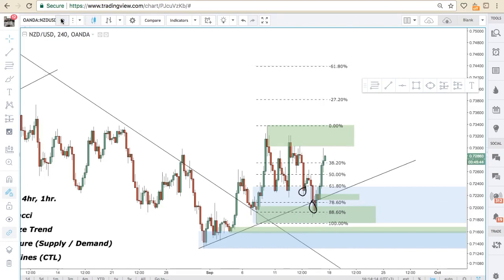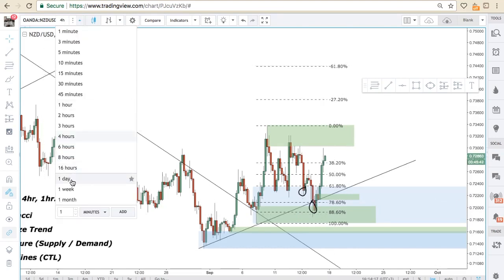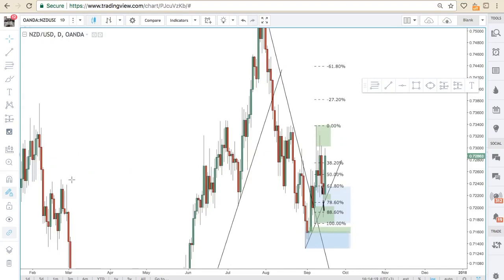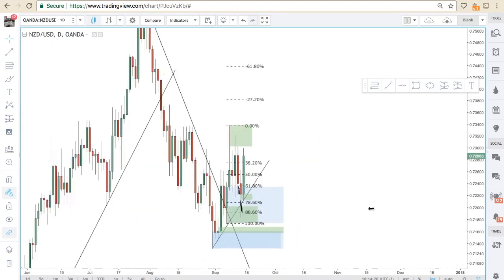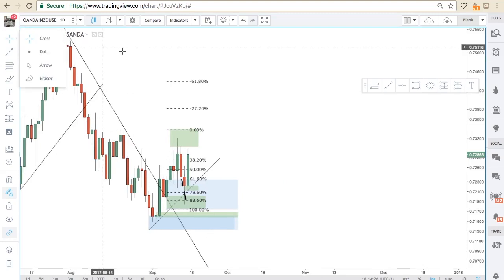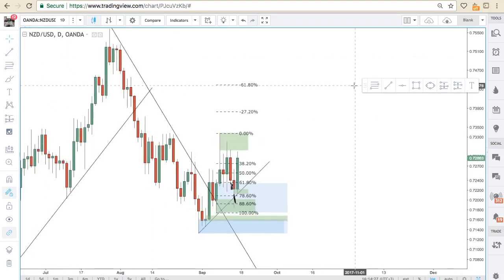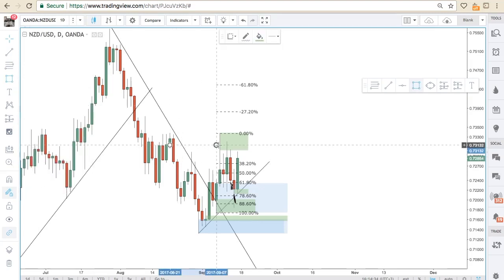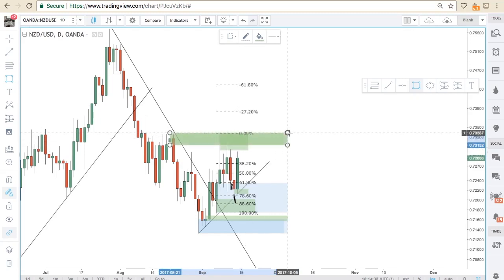So let's go back to our daily chart and see where the unbroken daily zone is. All right, so we have a daily zone here. Okay, daily zone there.